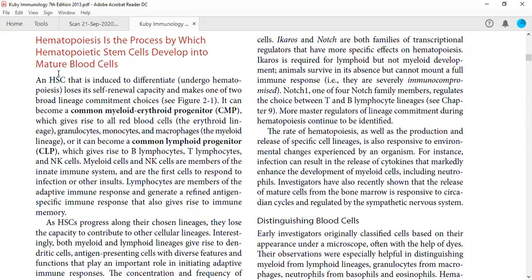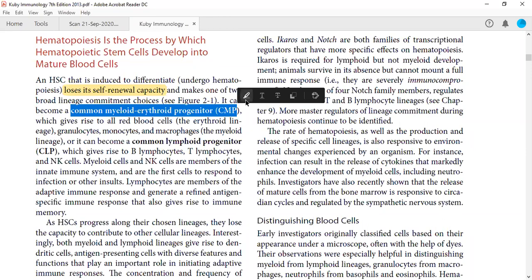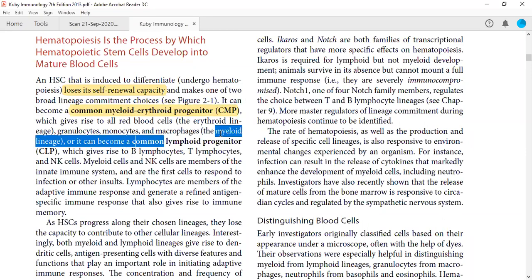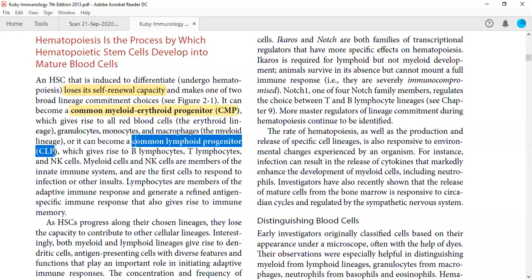Now see, the hematopoietic stem cell that is induced to differentiate loses self-renewal capacity. Obviously, it has self-renewal capacity because it is a stem cell, but if it is induced to differentiate, undergoing hematopoiesis, it will lead to the synthesis of two types of cells: the common myeloid erythroid progenitor cell, called CMP, or the common lymphoid progenitor cell, CLP, which have decided fates and cannot self-renew because they are not stem cells.